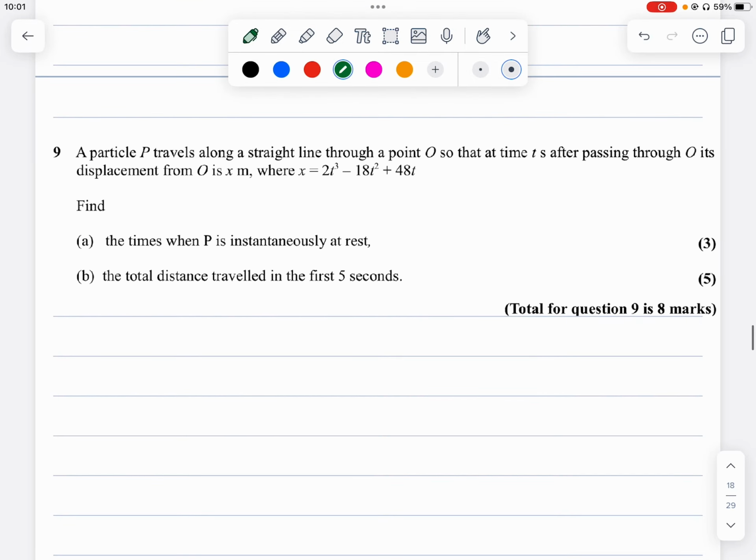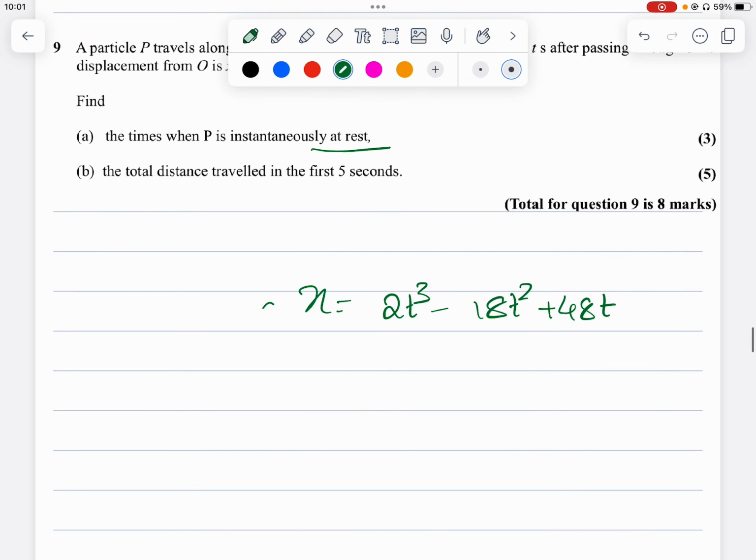Next, question number 9. A particle P travels on a straight line so that after time t seconds, the distance formula is given as 2t cube minus 18t square plus 48t. Instantaneously at rest means velocity should be equal to 0. Find the derivative with respect to time. 6t square minus 36t plus 48.